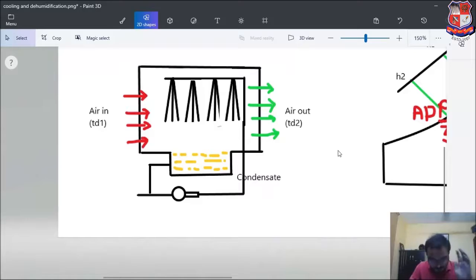So as you can see that here, as usual, the air will come here, air is exiting, here we are observing the condensate, and actually this will not be condensate, it will be the water particles which are coming below. This is not condensate, so we need to erase this.